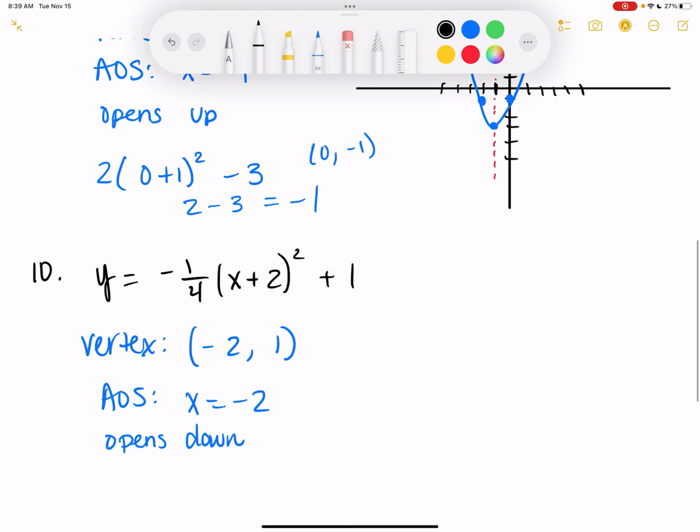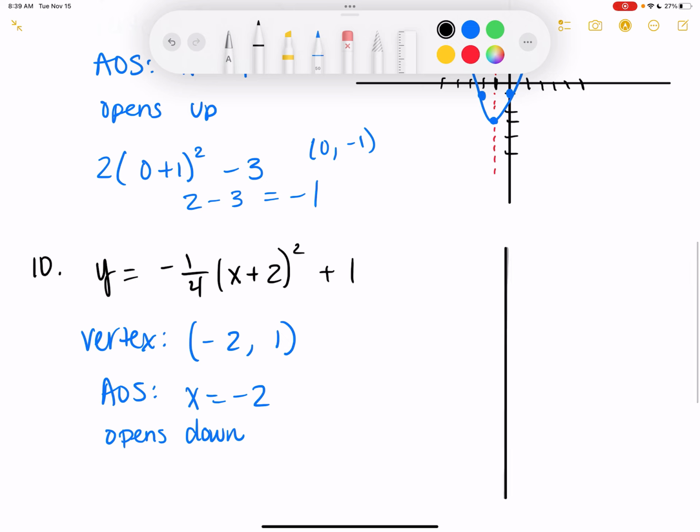So then we're going to graph it. So I've got an axis of symmetry at x equals -2. So I'm going to put my dotted line there.